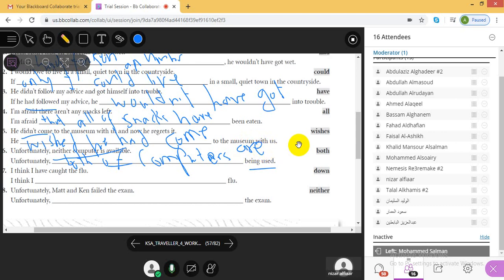So I will say both computers are being used in the same situation, the situation now.